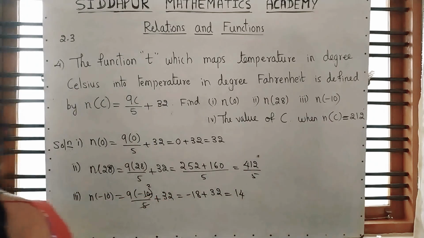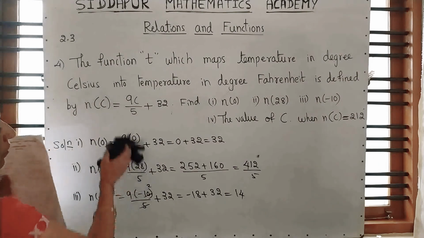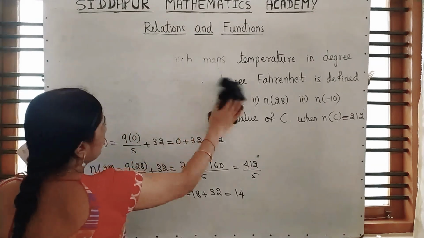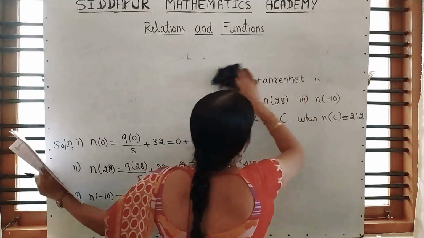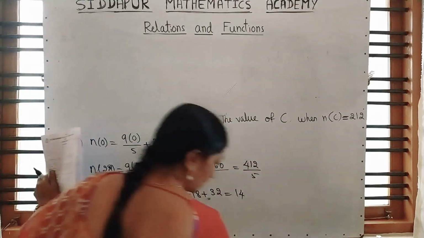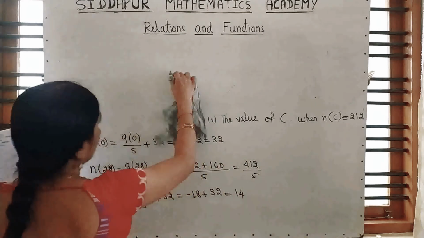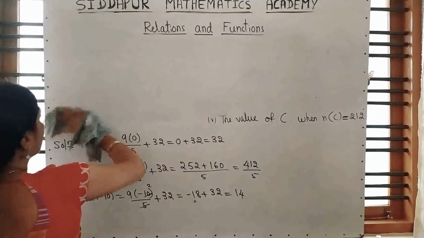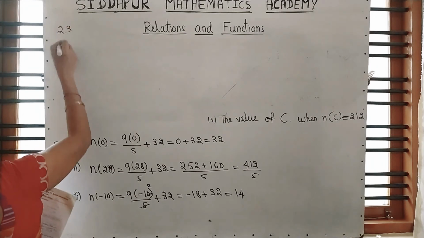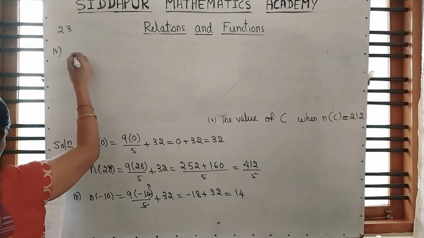And the next question is a little bit different. It is already given the n of c value is 212. See here. This is exercise 2.3. Fourth one.